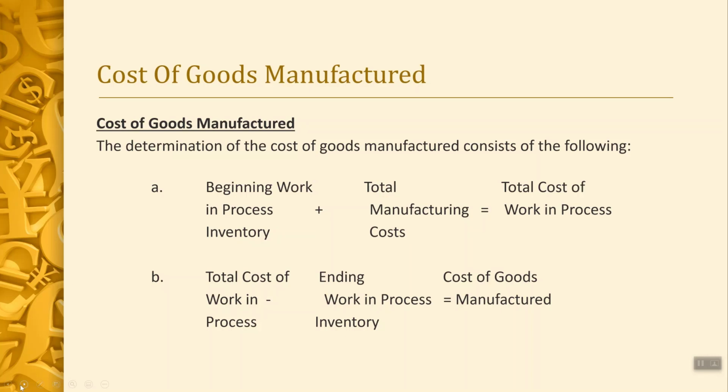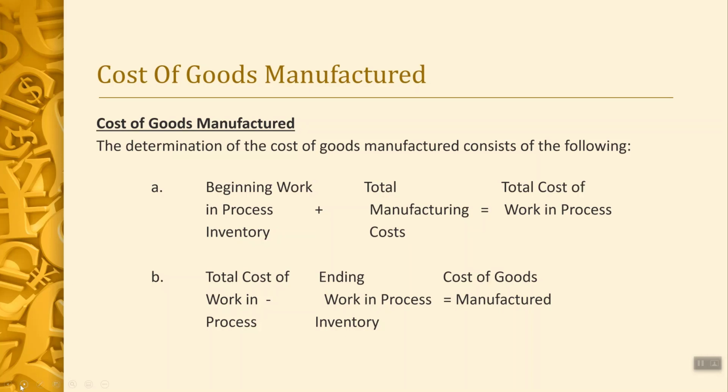We cost that beginning work in process inventory based on the manufacturing cost that was incurred in the previous period. Okay, so whatever we incurred in 2020 to make those products, even though they are still work in process, that's the way we're going to cost them even in 2021.